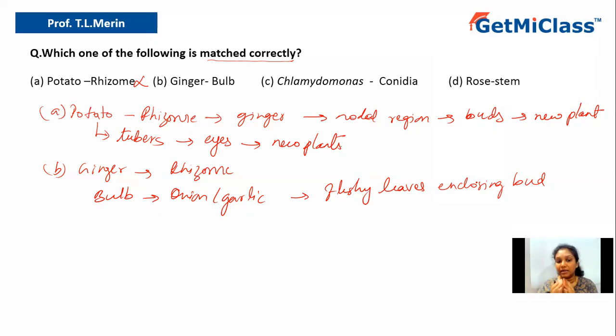This is how they reproduce, and that entire structure is called the bulb. But that is not used in case of ginger. Hence it is ruled out.